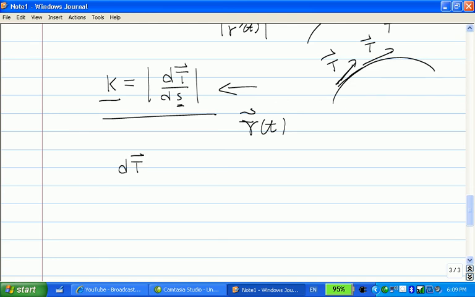Now, t is any parameter, so dT/dt is easy to find.